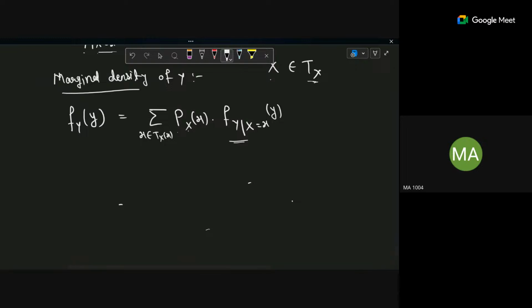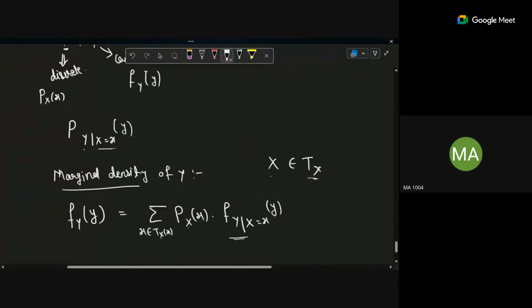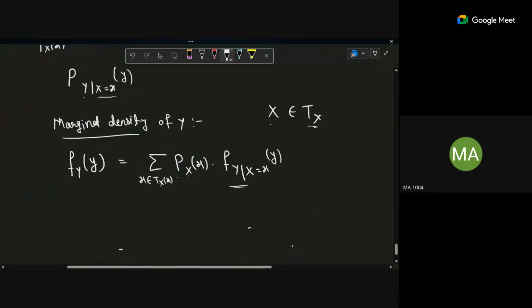If I give you some question, I think that will be better for understanding this kind of stuff. Is it okay if I move ahead with the question example? x is a discrete random variable, y is a continuous random variable. Now we are interested in finding the marginal density of y.